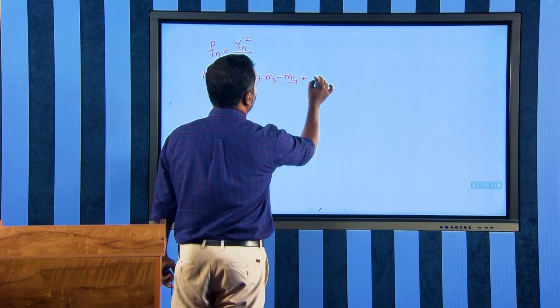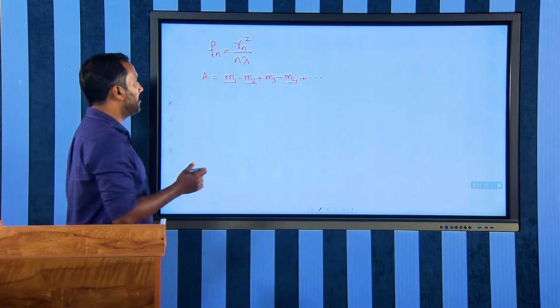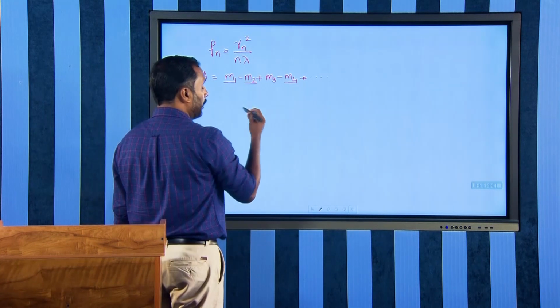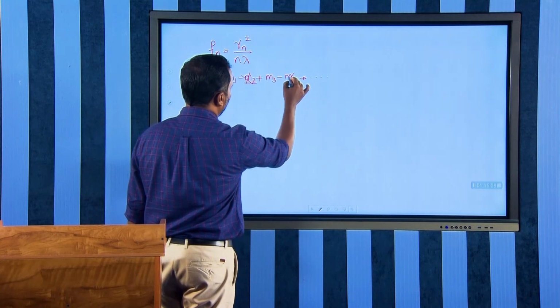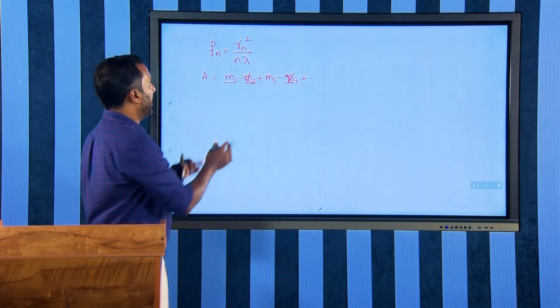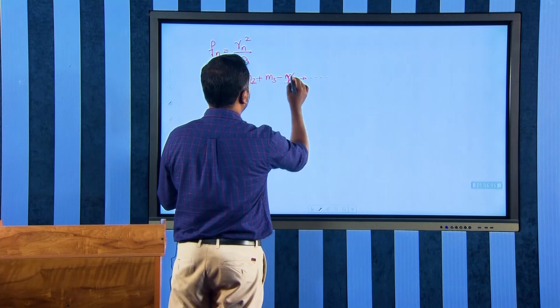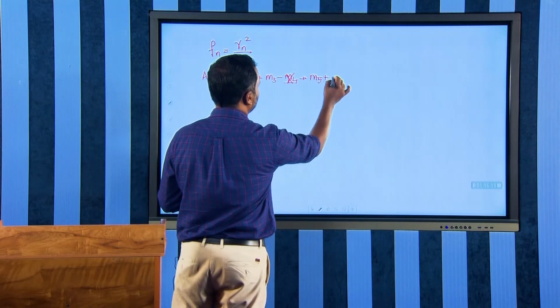But you remember, in the first case the half zones are opaque, meaning even zones are opaque, so m2 is cut off, m4 is cut off and m6 is cut off. Only you will be getting m1 plus m3 plus m5 plus m7 etc.